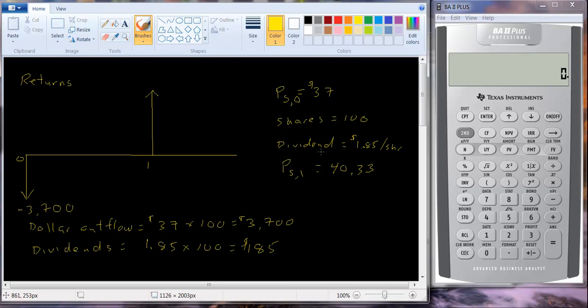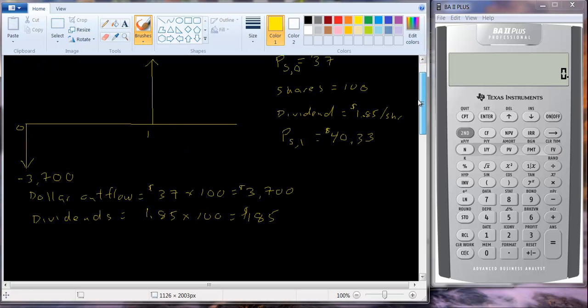So let's see what we have here. When you sell the stock, what's your outflow going to be? Your outflow, or I'm sorry, your inflow, the money you would receive when you sell the stock, so your dollar inflow is going to be equal to the dividends plus the dollars received from the sale of the stock.